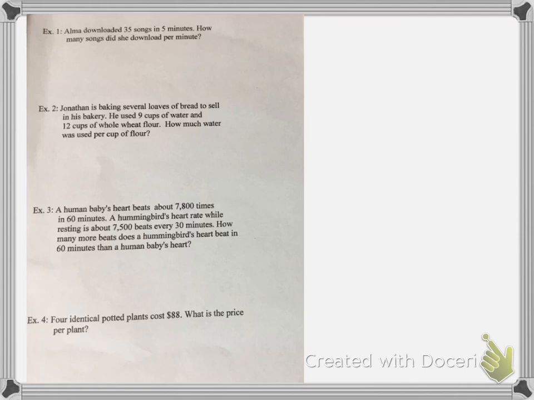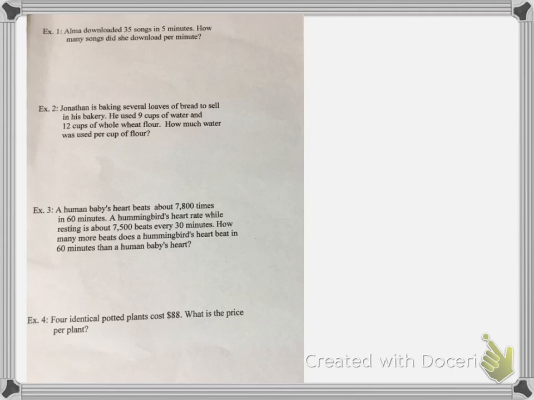Voila, I'm back. Okay, so basically what we're going to do is we have 4 problems, and we're going to solve them. So Alma downloaded 35 songs in 5 minutes. How many songs did she download per minute? So I just really need to listen to the words, and I need to listen to their order, and that's going to tell me how to set up this problem.